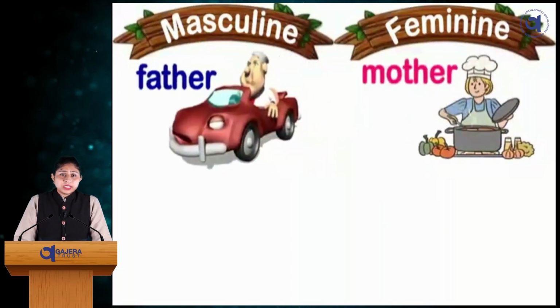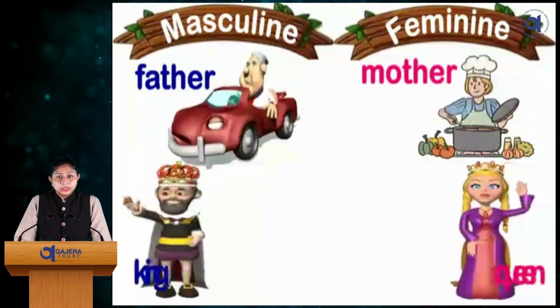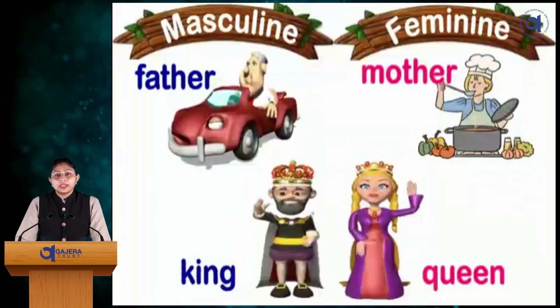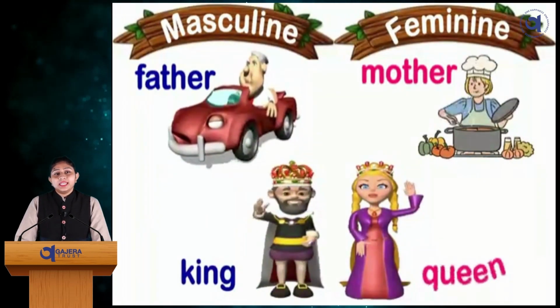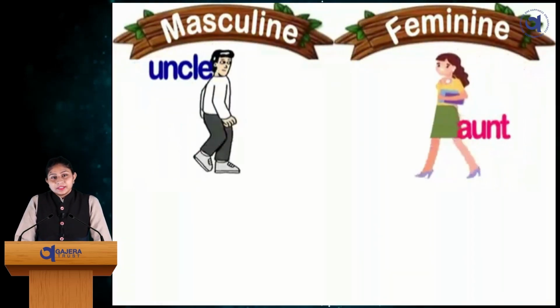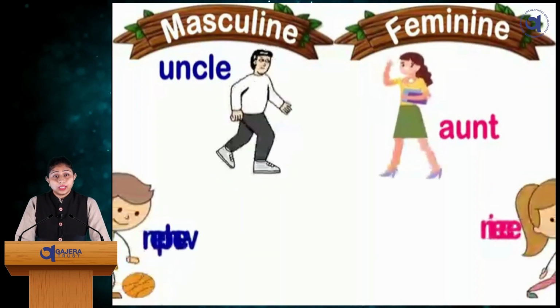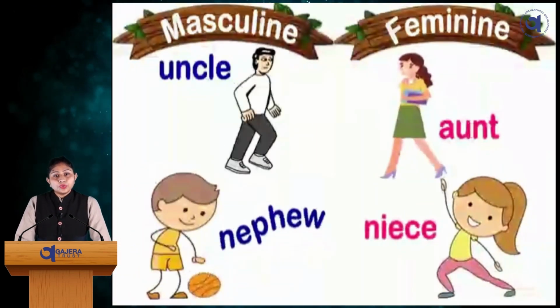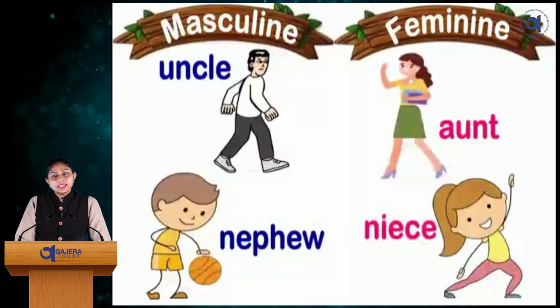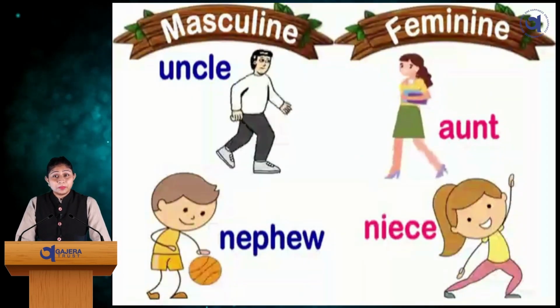Here comes our first example, that is father and mother, and king and queen. After that, uncle and aunt. Then nephew and niece. All these are famous examples of masculine and feminine.